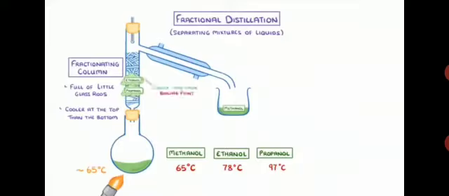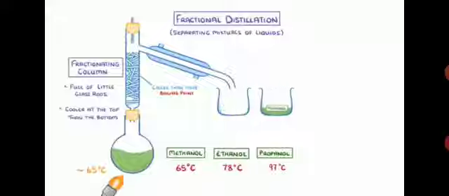We have to wait for some time because the boiling point of ethanol is 78 degrees Celsius. So you need to wait until the temperature attains 78. After the temperature reaches 78 degrees Celsius, ethanol will start to boil, that is, it will start to vaporize.